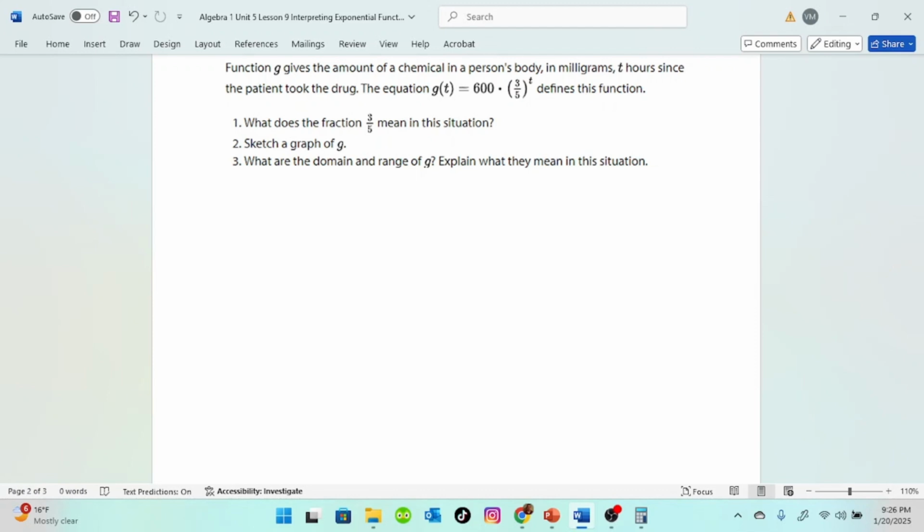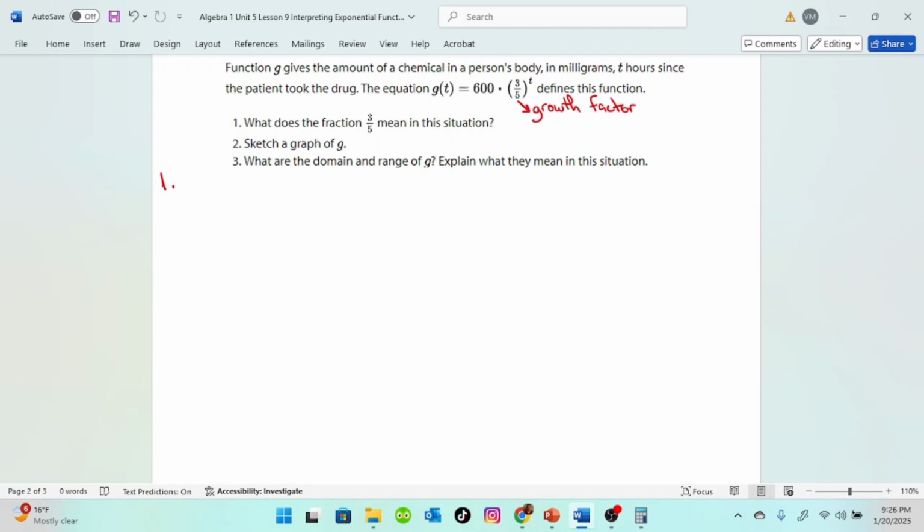Well, we see that 3 over 5 is the number with the exponent. That means it is the growth factor. And in this case, we are talking about the amount of chemical in a person's body after each hour.